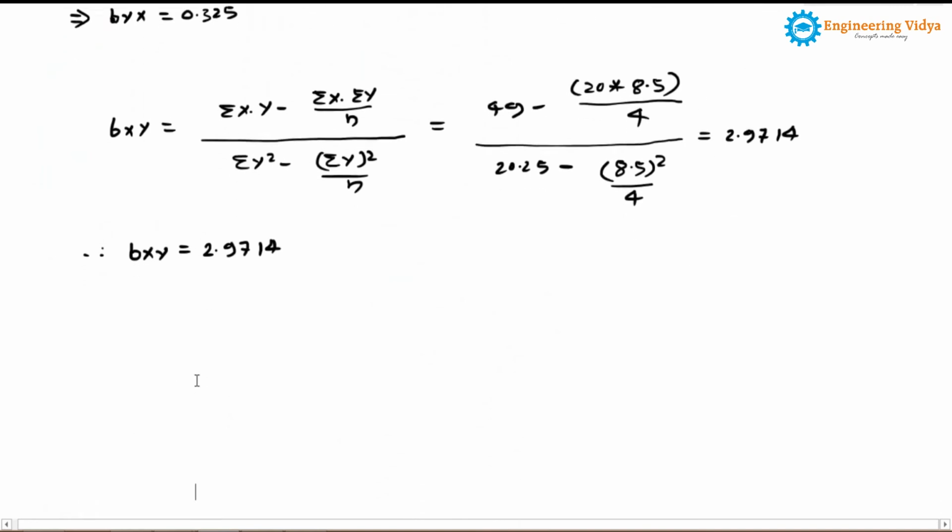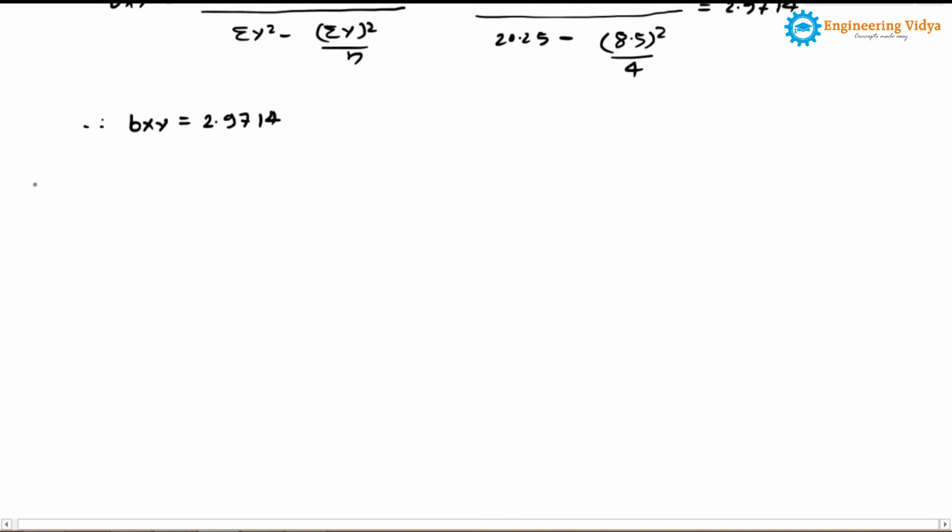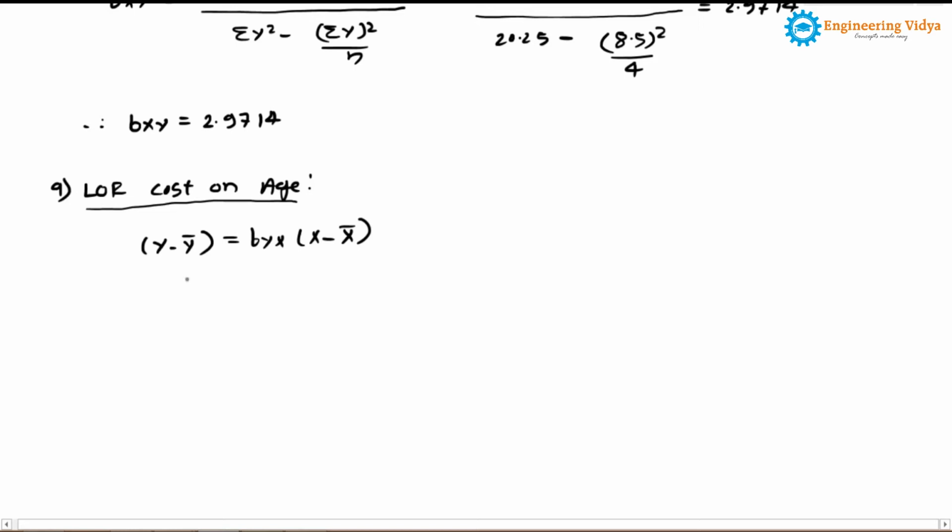First part A will start with the line of regression of cost on age. Cost on age is y on x, which we need to find. The formula is y minus y bar equals byx times x minus x bar.